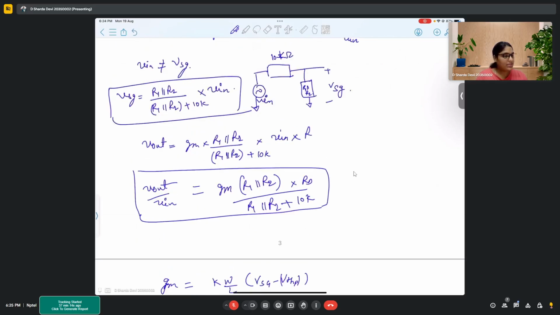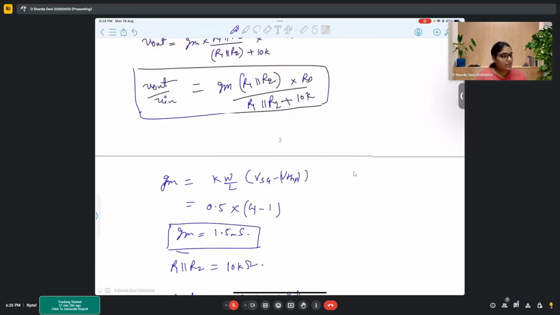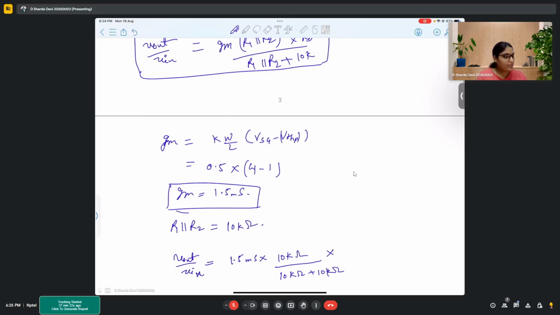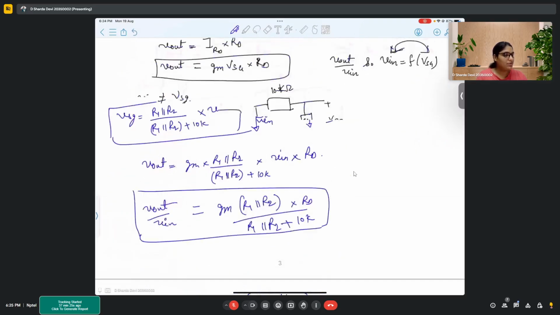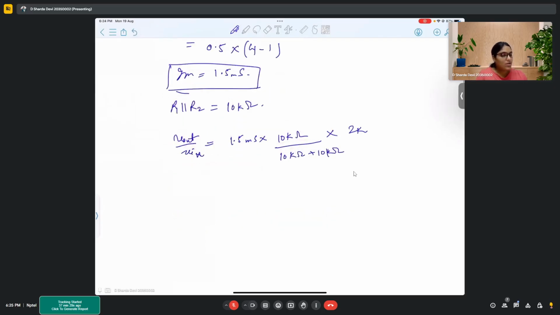So here there was this RD as well from here. So into RD, which was 2 kilo ohms. So V out upon V in is 1.5.